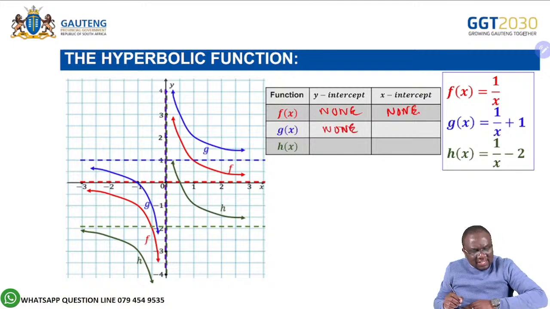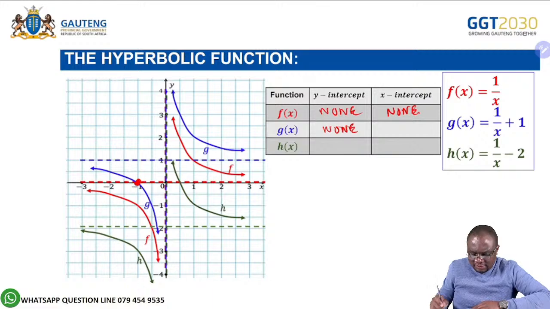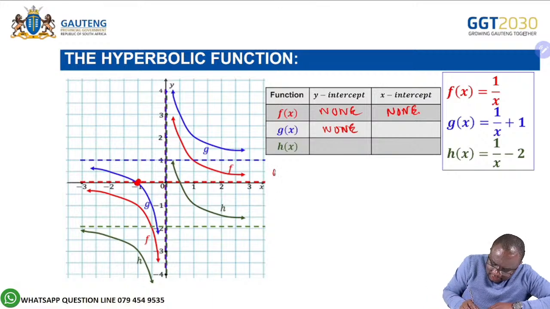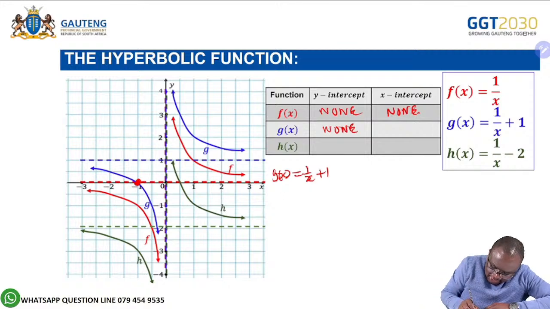What about the x-axis? Yes, here. You see that? And we can calculate that. Let me do it. g of x is equal to 1 over x plus 1. And then for the x-intercept, y is equal to 0. Remember that. So we put 0 where there's y. Remember, g of x is y, which equals 1 over x plus 1.